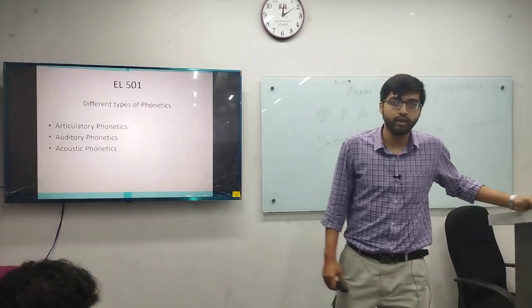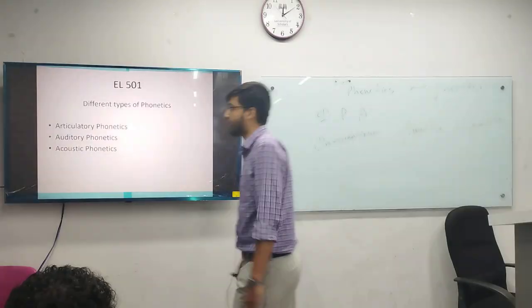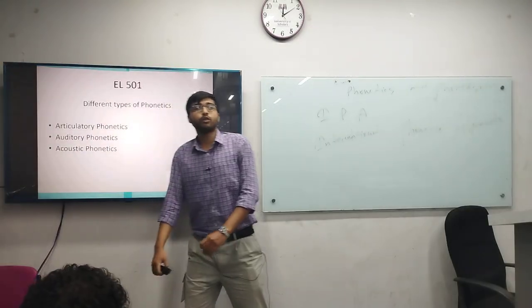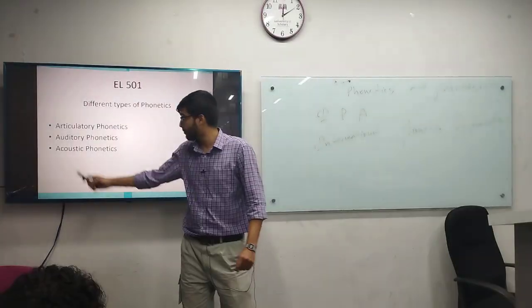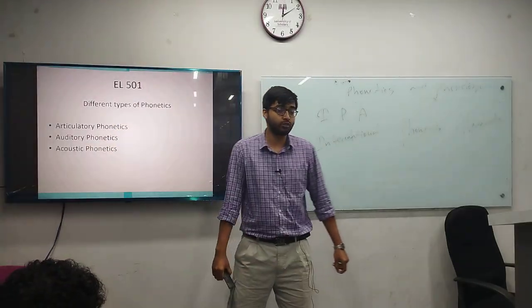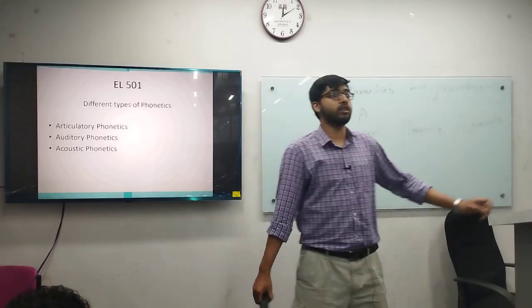Articulation, articulatory, place of articulation, manner of articulation, state of glottis. But apart from articulatory phonetics, there are two more types of phonetics here also. Second one is auditory phonetics. Number 3, acoustic phonetics.